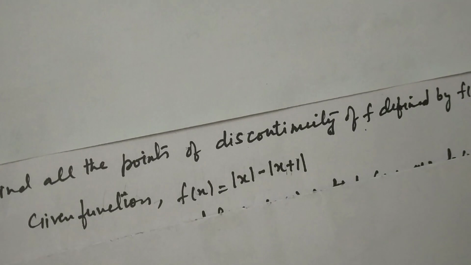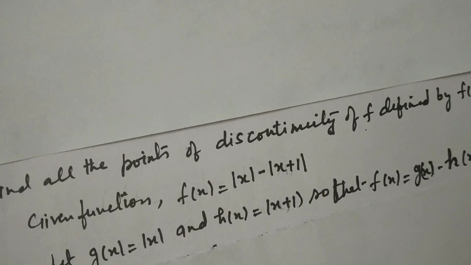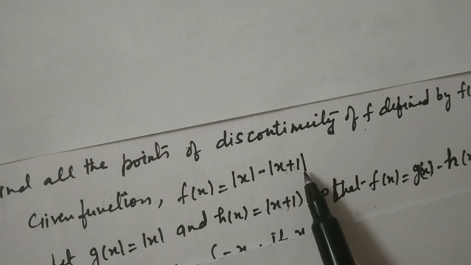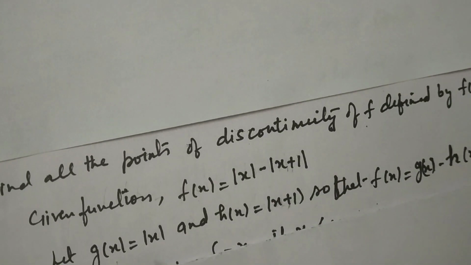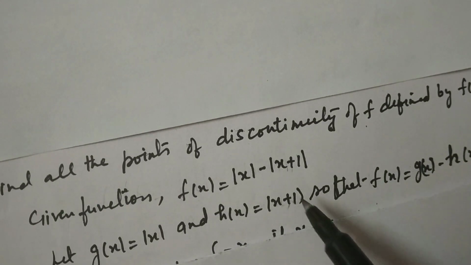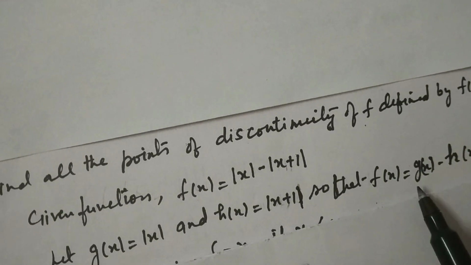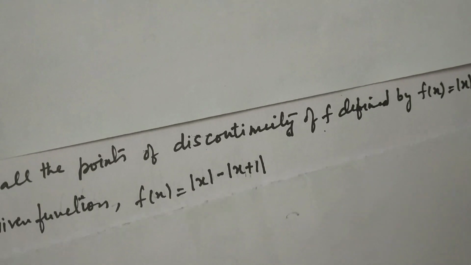That's a very important question. Both are mod functions, but one is one function and the other is another function. So let g(x) equal to mod x and let h(x) equal to mod of x plus 1, so that f(x) is equal to g(x) minus h(x).